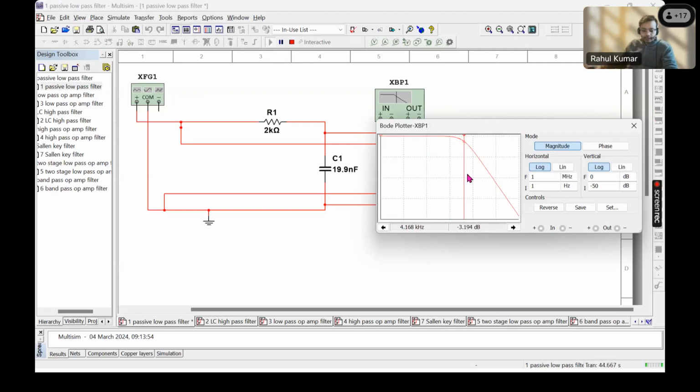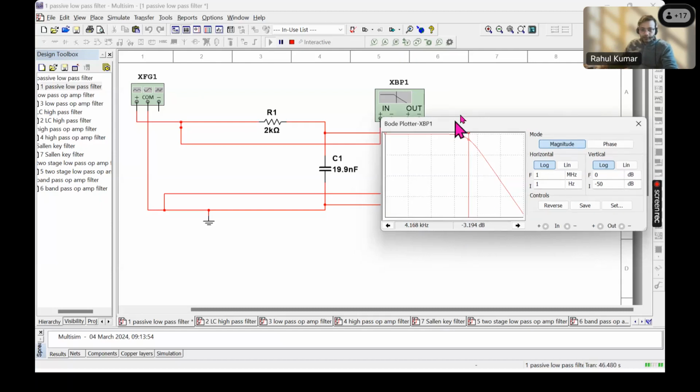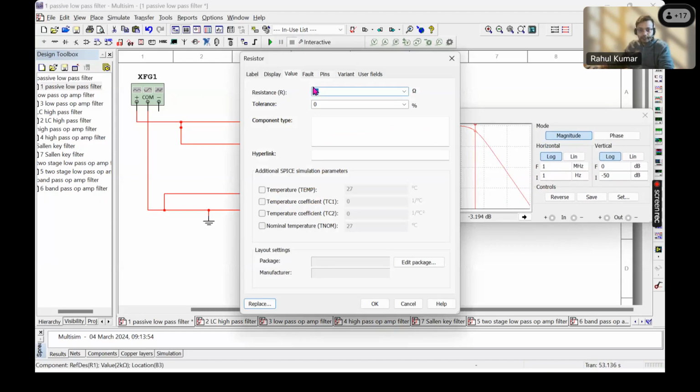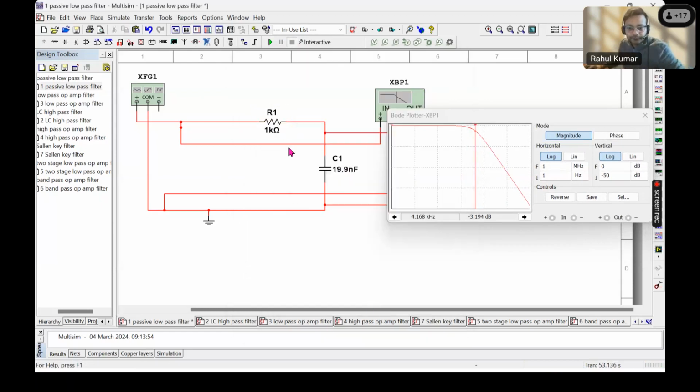So for 1 kilo ohm, my cutoff frequency was, let me check it again, around 8 kilohertz.